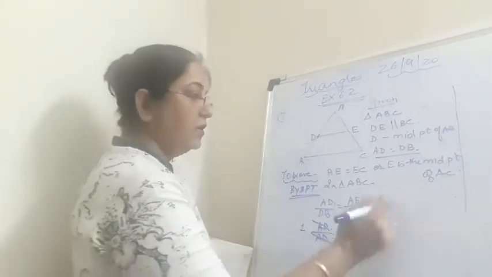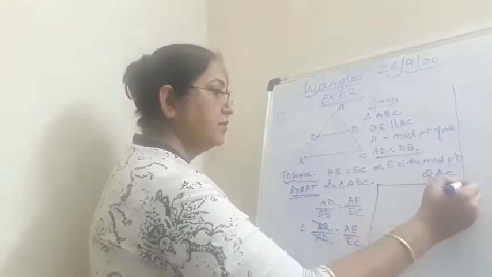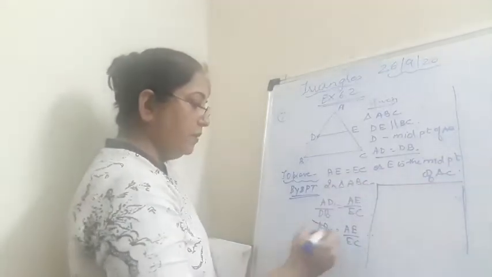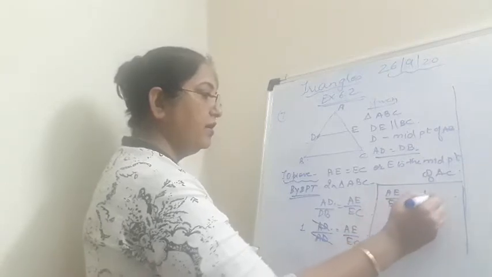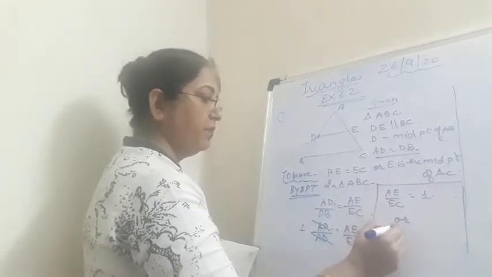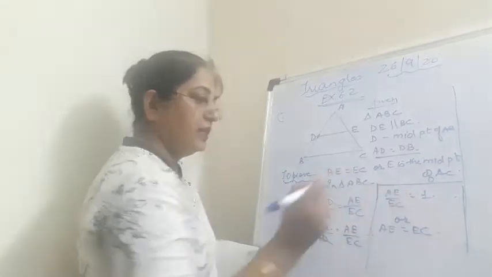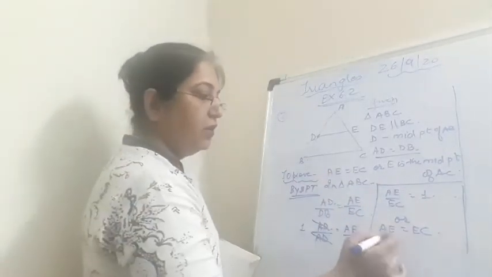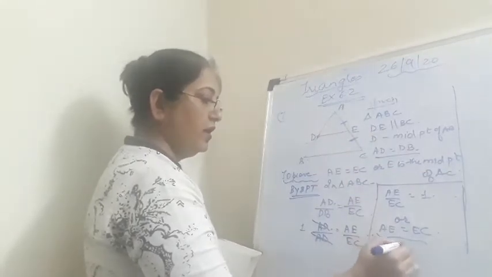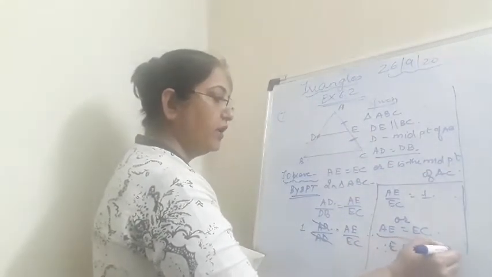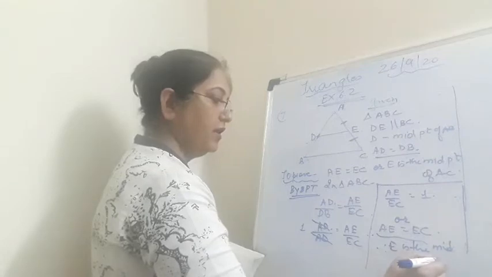Therefore AE upon EC is equal to 1, or AE is equal to EC. Now when I say AE is equal to EC, what does this mean? That this side is equal to this side, and therefore E is the midpoint of AC.